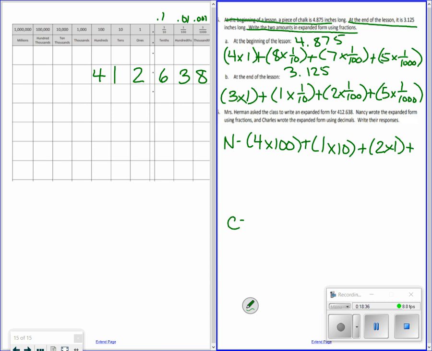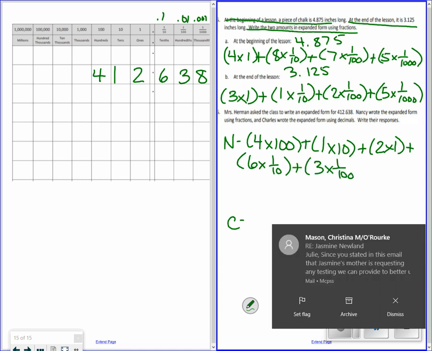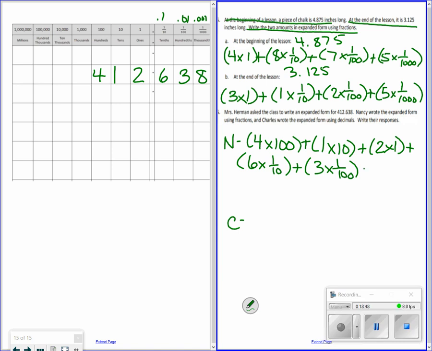And then Nancy did it with fractions. 6 times 1/10. 3 times 100. 8 times 1,000.